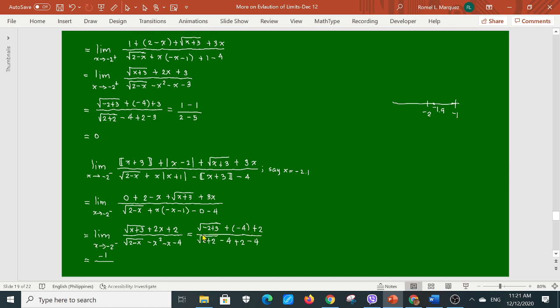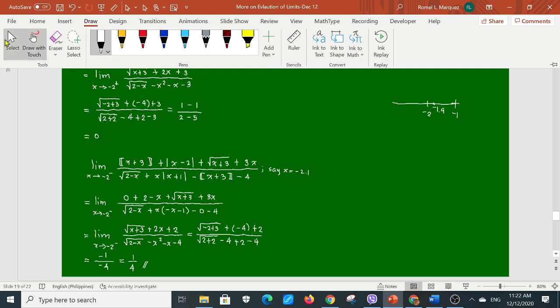Negative 2 plus 1. In the denominator, how many? 4 minus 8. 4 minus 8, negative 4. Is it 1/4, guys? 1/4? Okay now? So that's the limit.